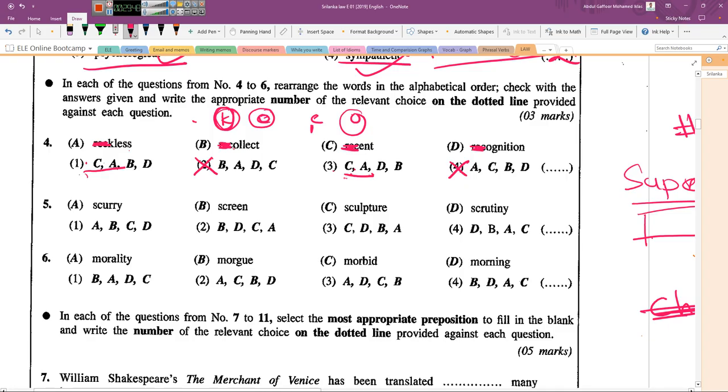Then we have to find whether the second comes next or the last word comes next. We can just look at the next letter, that is L and G, right? So A, B, C, D, E, F, G. So D should be the next letter. So 3 will be the answer, right? So first we have to cut off the first 3 letters, and then we have to consider the fourth letters.